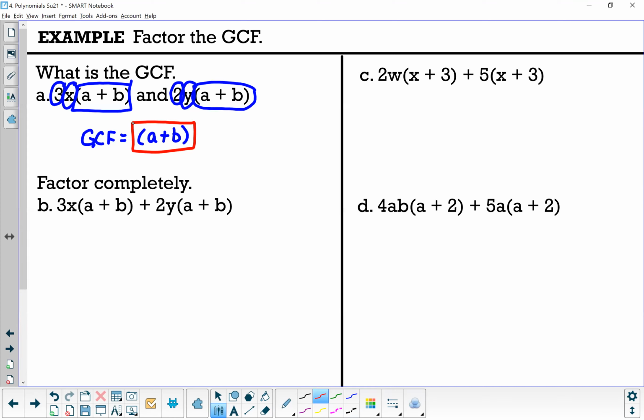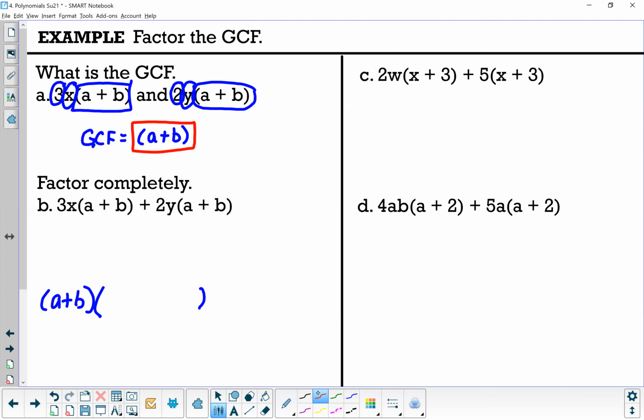All right, so now look at the second part here. It says factor completely. Now we have it written as an expression: 3x(a + b) plus 2y(a + b). So we have a product plus a product, and we're asked to factor this. So as before, remember you had to first find the GCF. So I'm going to write that down.